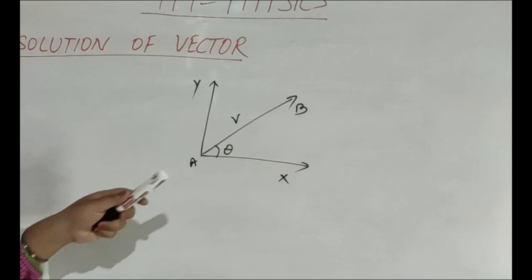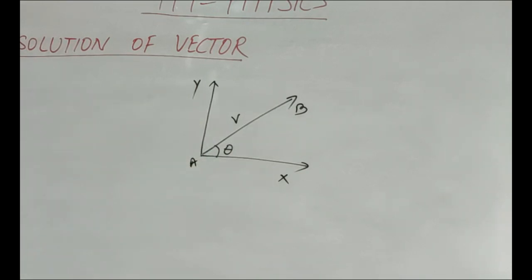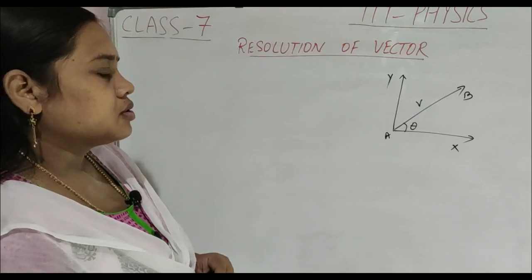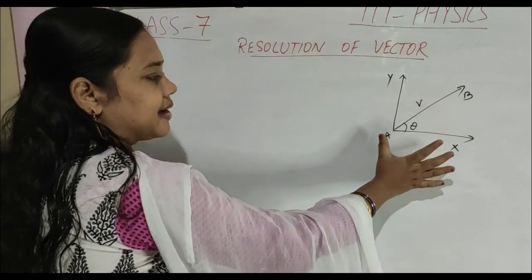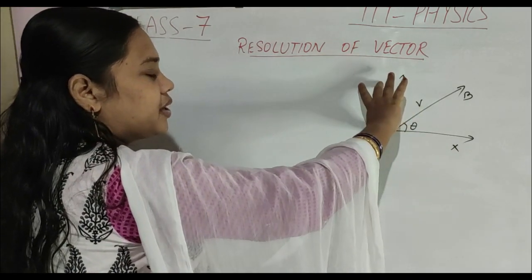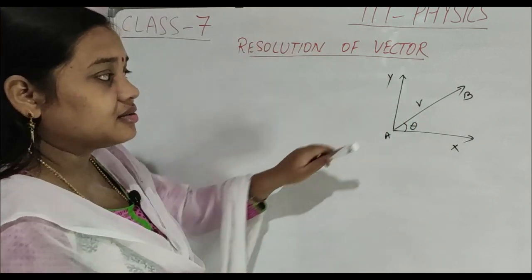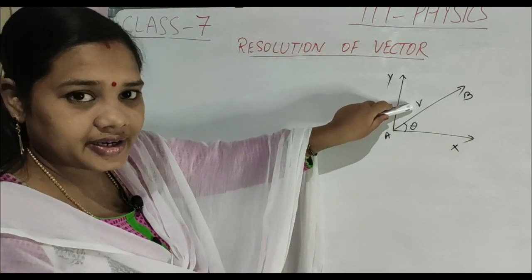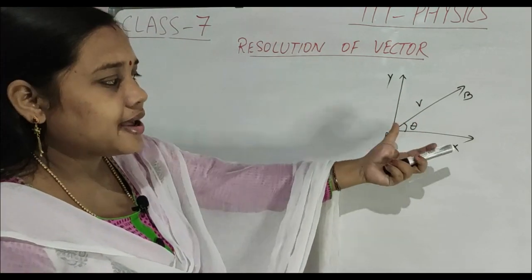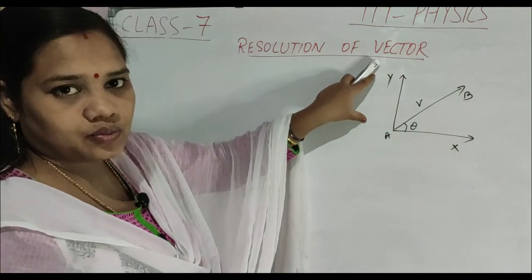It makes angle theta with the x component. Here this is the x component, this is the y component. This vector V is divided into 2 components, x component and y component.